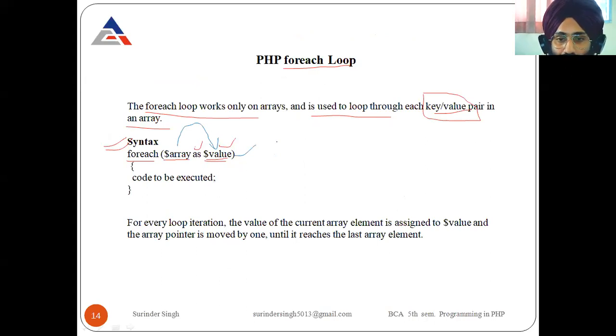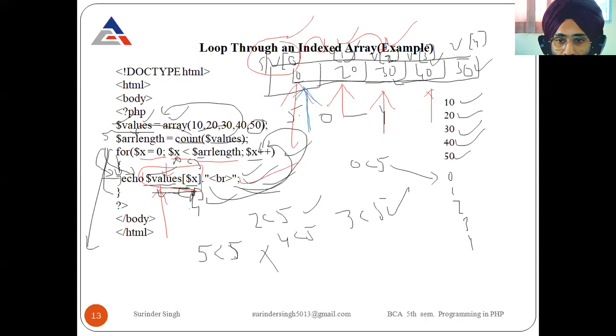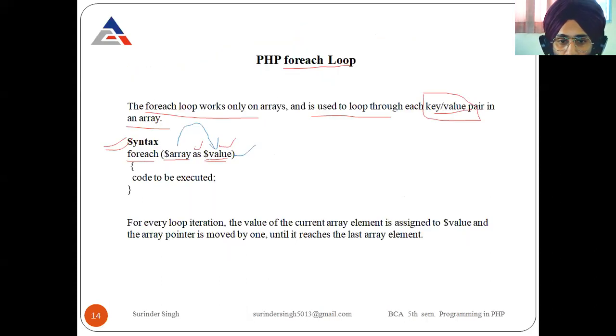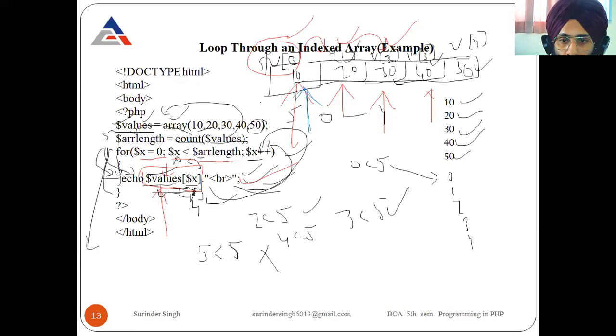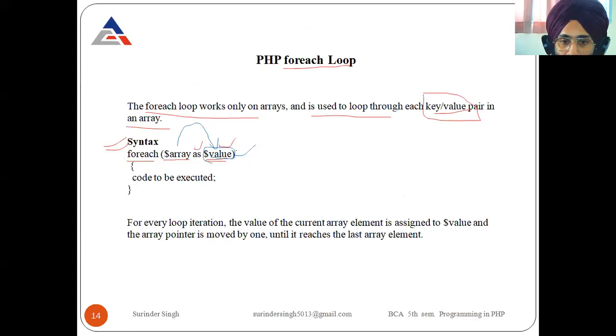Clear? Current array element. So the value variable holds the value of the current array element, and we will use this value and print the value of the array element.